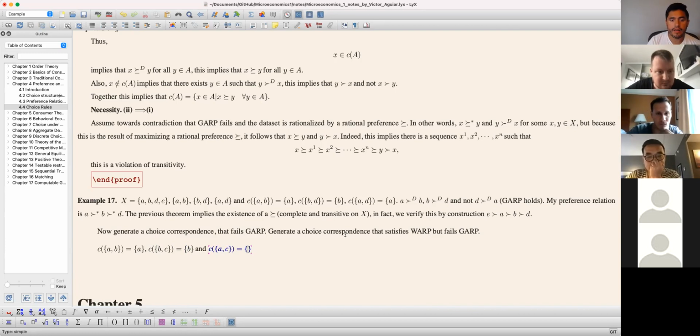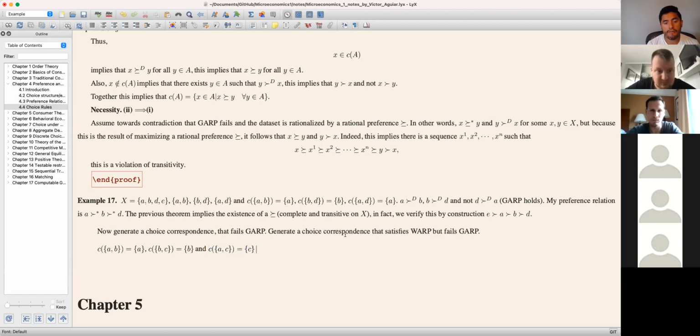What is the example that will generate a violation of GARP? You need to choose, okay, so you have now C, and this fails GARP.